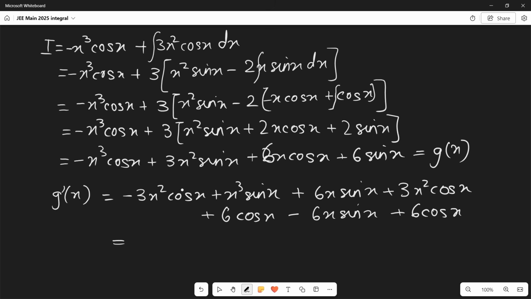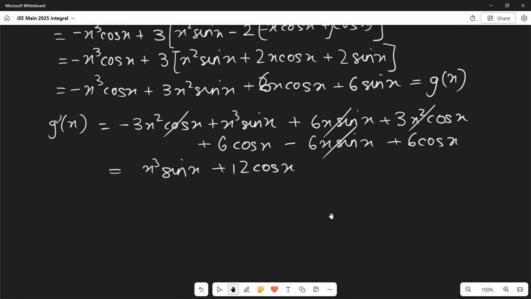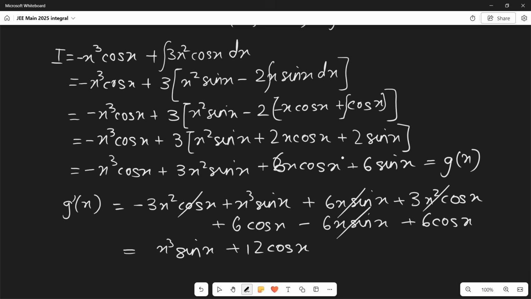So minus 3x squared cos x and plus 3x squared cos x get cancelled. Plus 6x sin x minus 6x sin x get cancelled. And so we have x cubed sin x plus 12 cos x. Okay, now it seems like we made a small mistake here.